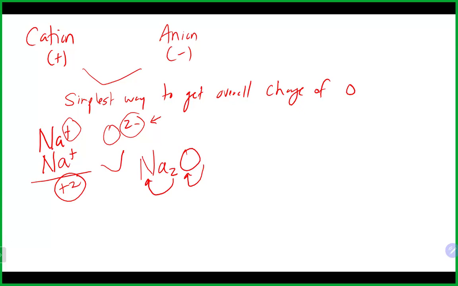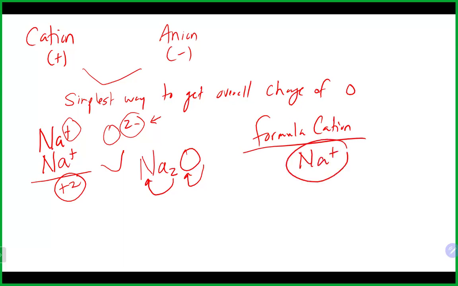Now, ionic compounds, when you write the formula for it like I just did there, will never have a charge. But they are made up of, obviously, things that do have charges. So there are 2 types of formulas that you sometimes write when you're dealing with things that are ionic. You may be asked to write the formula for an ion. So if you were asked to write the formula for a cation, you would need to write Na+. It needs to have the charge because it's an ion. If you were asked to write the formula for the anion, which is negatively charged, in this case, it would be O2-.